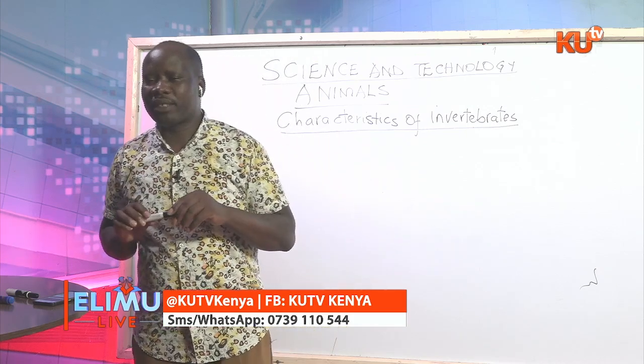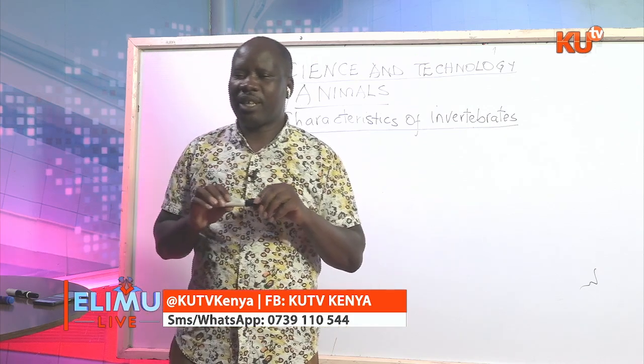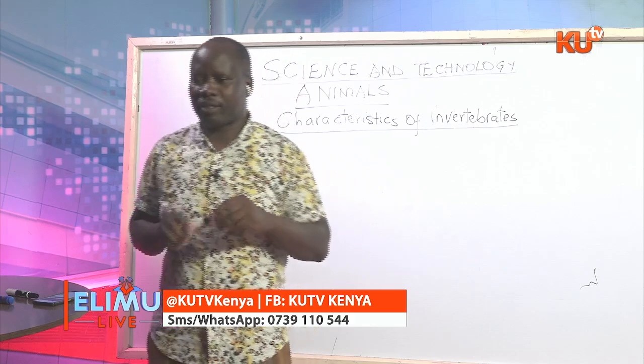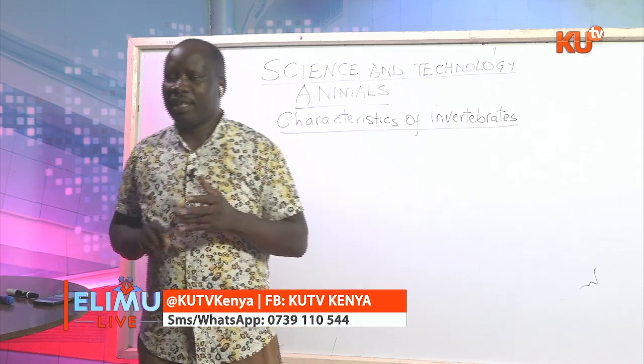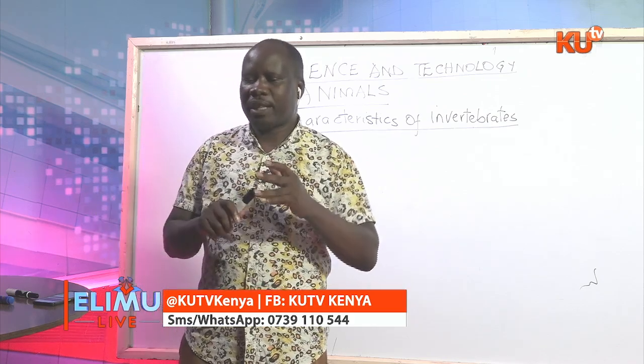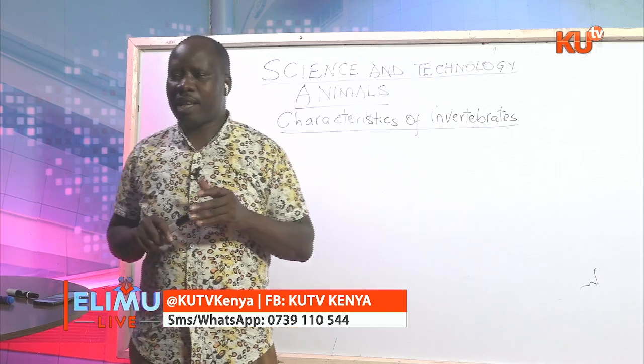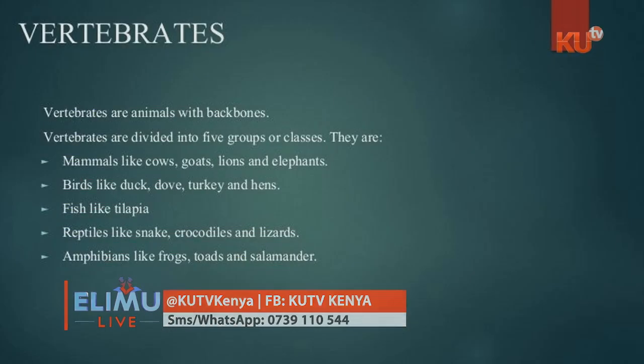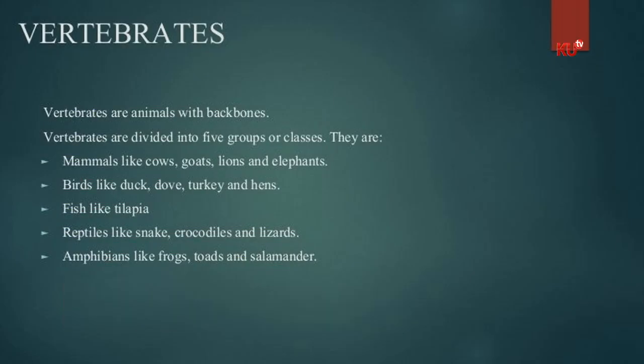Then we have the second category of vertebrates. The first one is mammals. The second one is birds. Examples of birds, we have the duck, the dove, the turkey, and the hens. Those are examples of birds.